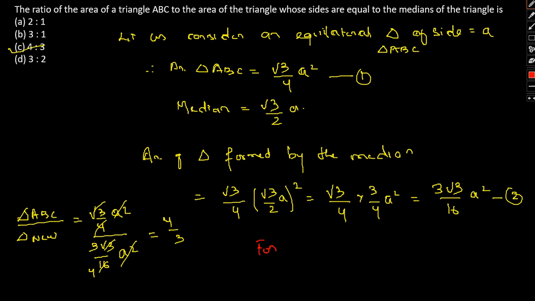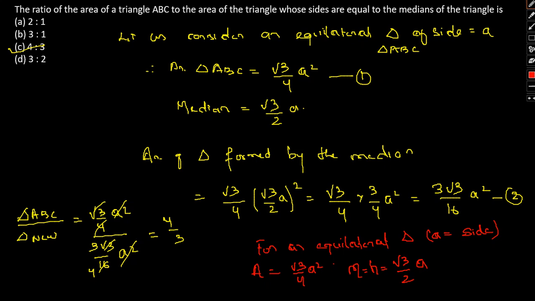For an equilateral triangle, area is given by root 3 by 4 a square, where a equal to the side, and also median, which will be again equal to the height, because for equilateral triangle the median and the height are the same, so that will simply be root 3 by 2 into the side.